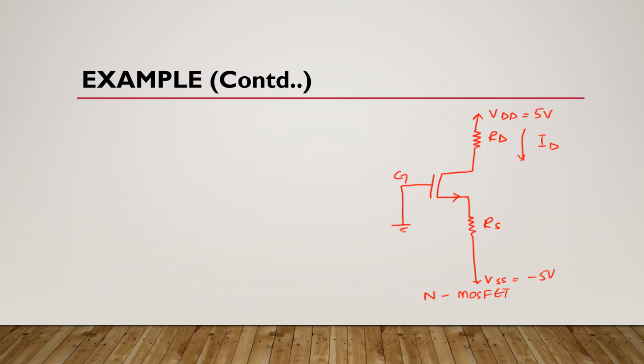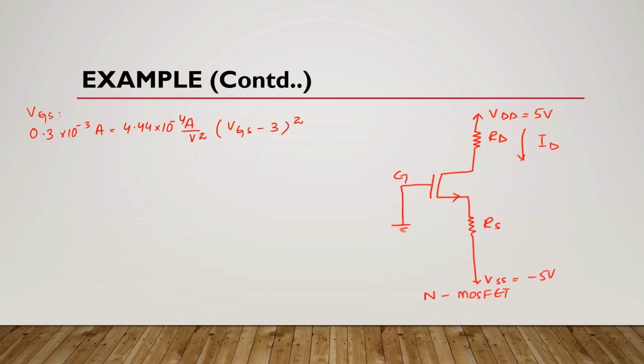Now here we are finding gate to source voltage. Now we will put all the values in the equation of drain current. So we have 0.3 into 10 raised to the power minus 3 amperes is equal to 4.44 into 10 raised to the power minus 4 amperes per volt square, and here we have gate to source voltage minus 3 whole square.